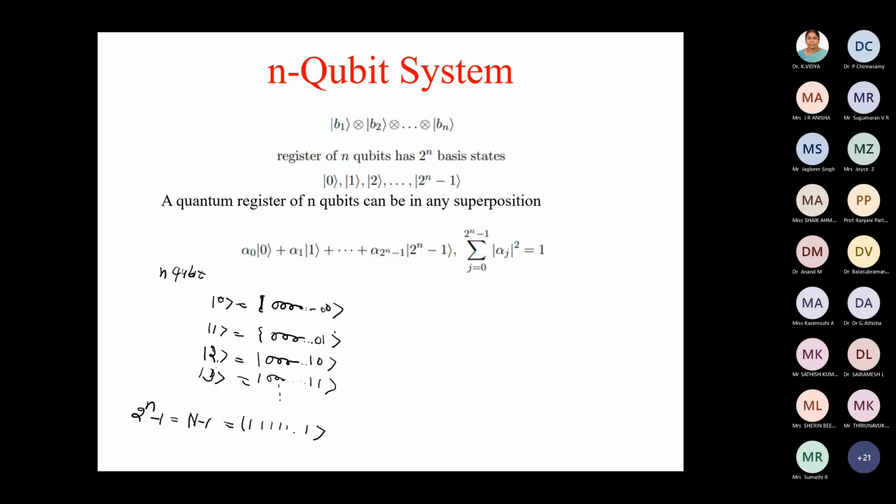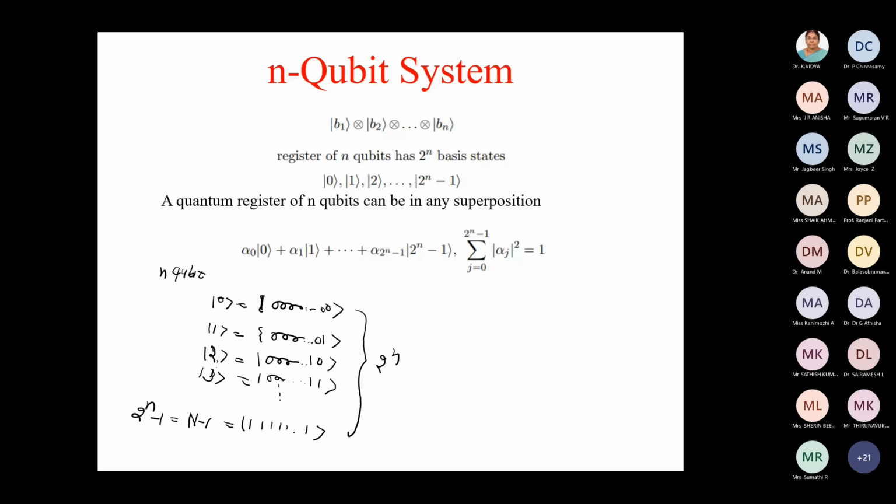For 1 qubit, only 0 and 1 were the states. So in an n qubit system, there will be 2 power n basis states, starting from n times 0 to n times 1.